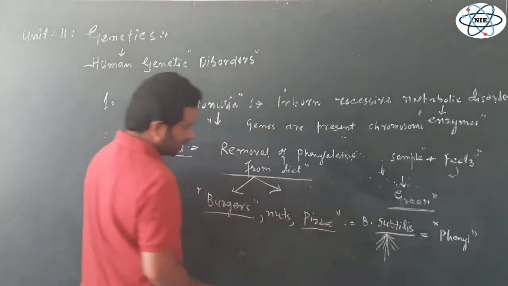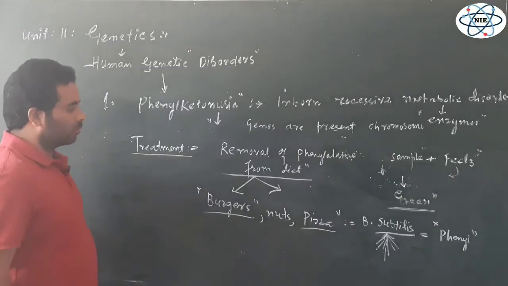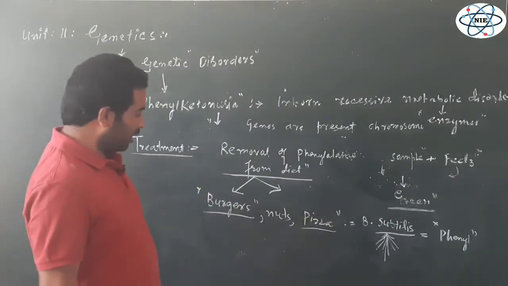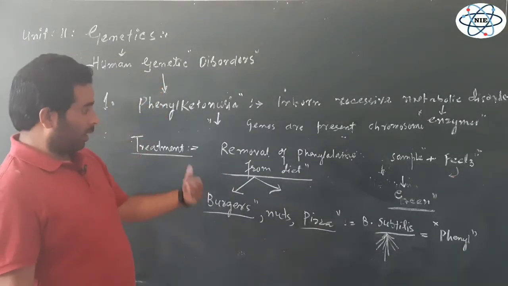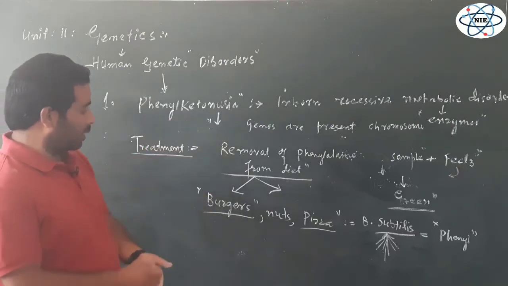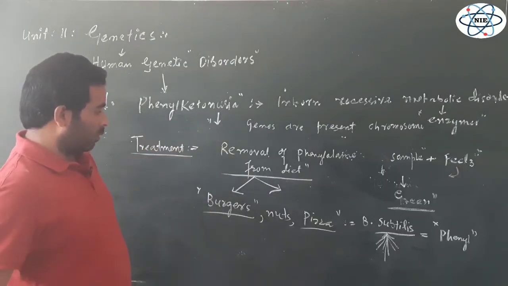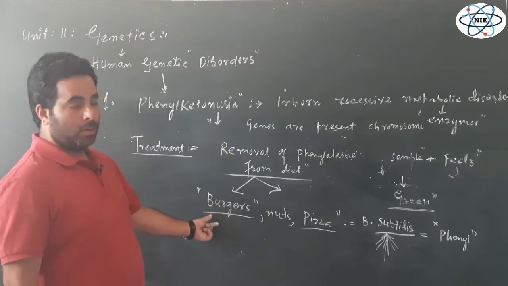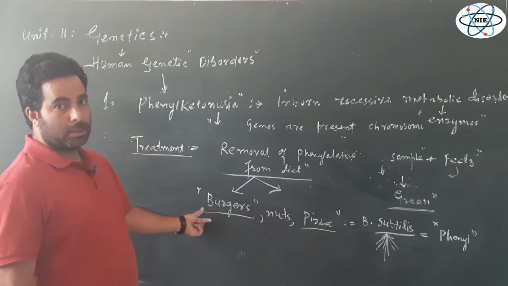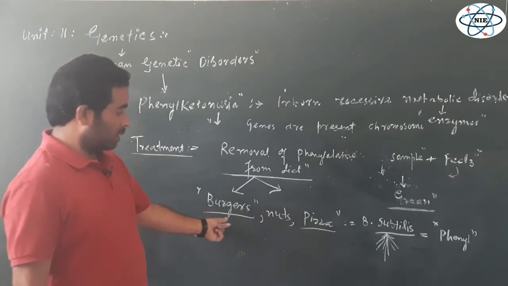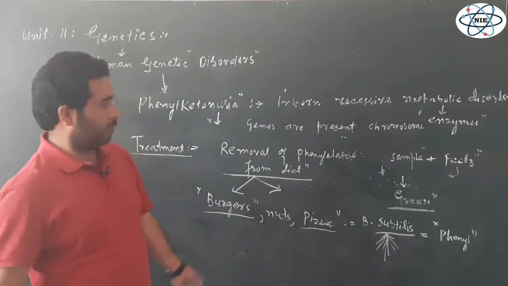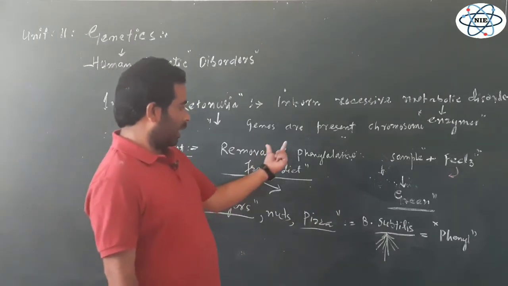So these are the foods which are generally liked by the children. So if a baby or a child is suffering from this disorder, phenylketonuria, right, we have to stop these foods. We have to remove these foods from the diet, right? Burgers, nuts and pizza, because they contain a lot of phenylalanine.